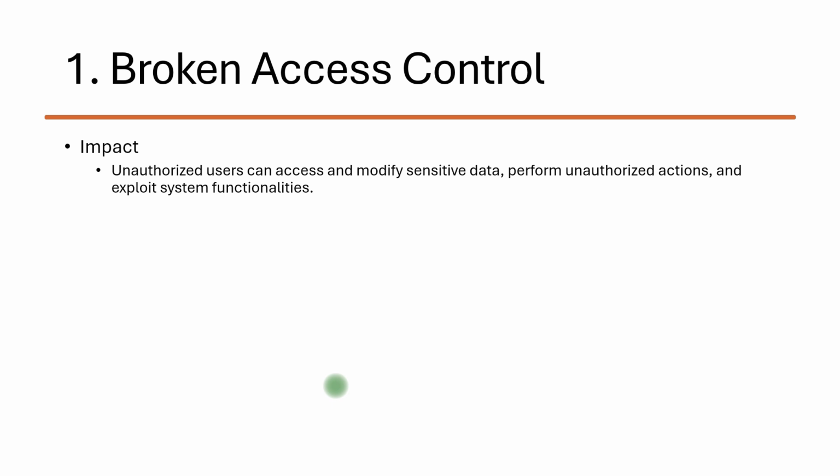First one is broken access control. The impact of this one is that unauthorized users can access and modify sensitive data, perform unauthorized actions and exploit system functionalities.